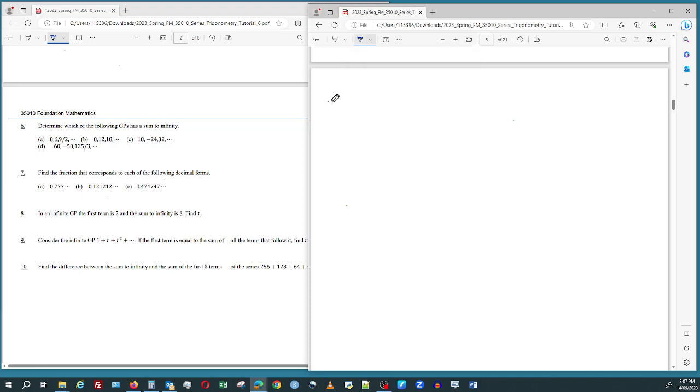So in 7, we have 0.777 repeater, which we can ascertain is a sum of 0.7 plus 0.07 plus 0.007.